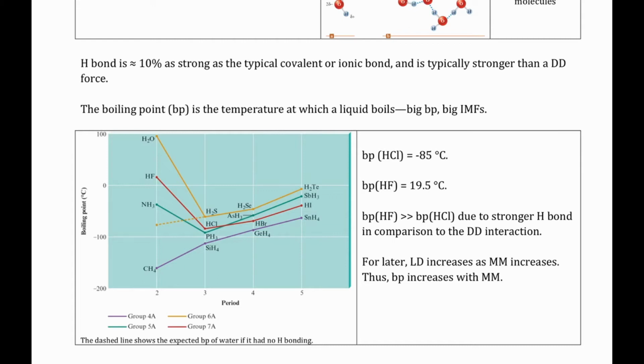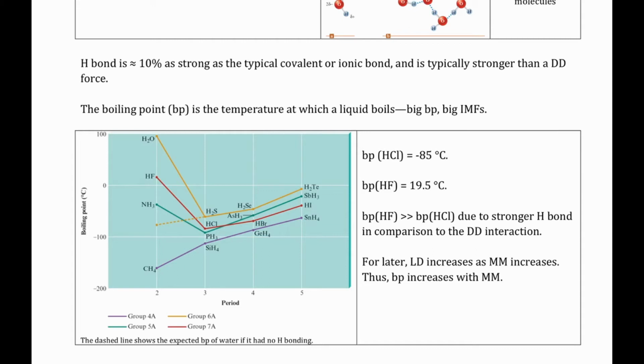But water can do the hydrogen bonding, so its boiling point is much higher. Lastly, we have the halogens, and we have HF at the top of the list. That's because, again, it can do hydrogen bonding, whereas the other ones can only do dipole-dipole.